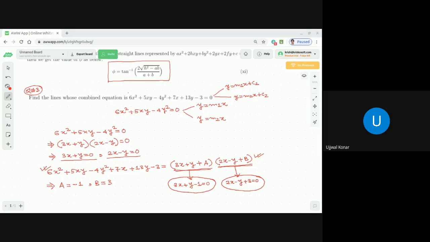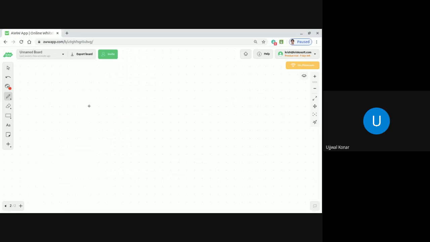Now, what I'm going to do is discuss the bisectors of the angles between the pair of straight lines represented by the general equation of second degree in x and y. So let me take you to the next page.